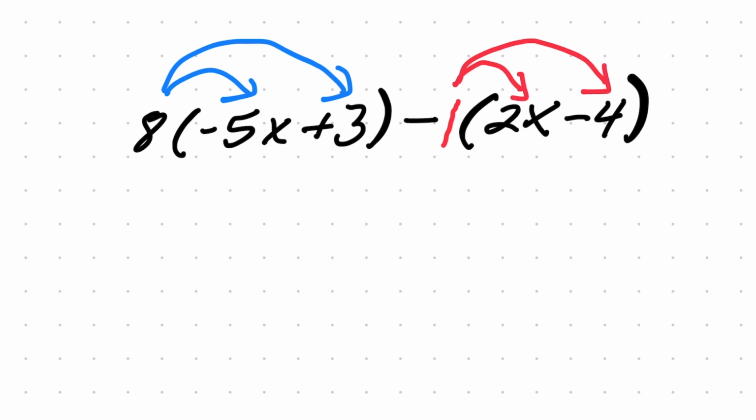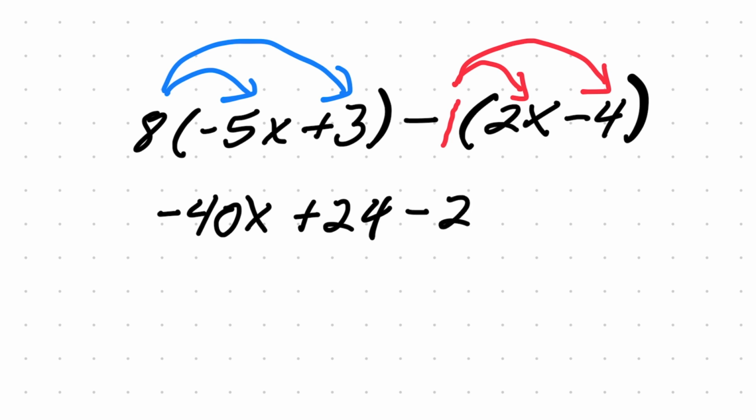That negative 1 is not going to show, but you can put it in there because it's imaginary. So after you multiply 8 times negative 5x, you get negative 40x. And then 8 times 3 is 24. And then negative 1 times 2x gives you negative 2x. And negative 1 times negative 4 will be positive 4 because negative times negative is positive.